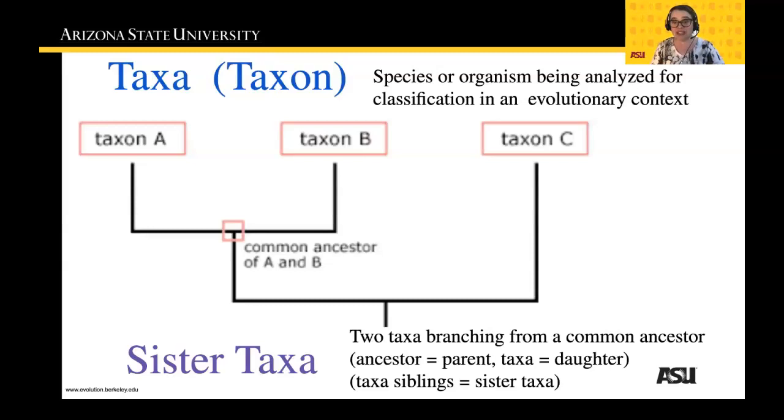The common ancestor between the taxon A, B, and C is where that original branch is coming down from the bottom of the screen. So in the case of taxon A and B, we have sister taxa. If A is a parent, B is its sibling or your aunt. If the common ancestor in A and B was the parent, then A and B are siblings and they're the offspring.